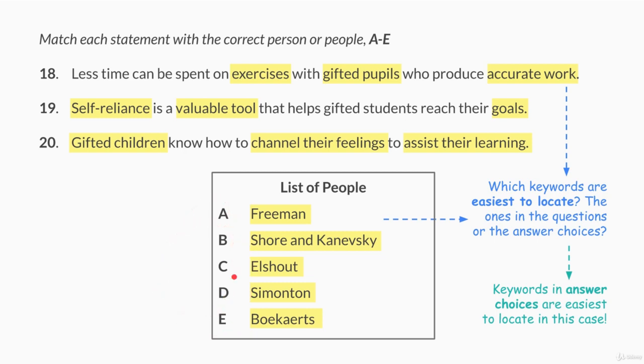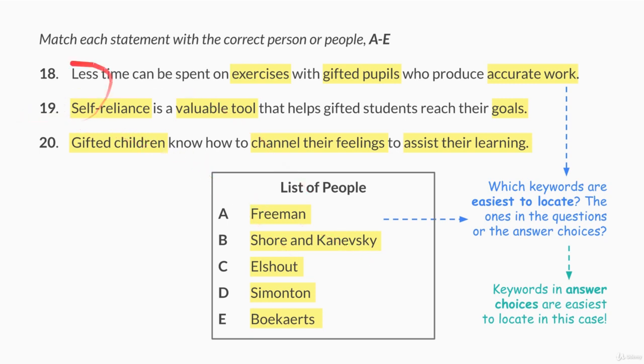Now let's go ahead and answer these questions. I can't really say which one of these questions is going to be the easiest to look for, because right now I'm not really looking for the keywords from the questions. So I cannot say which one of these is going to be the easiest. Rather, what I'm doing here is working backwards. I'm looking for the keywords from the answer choices, and then we'll see which question matches up.